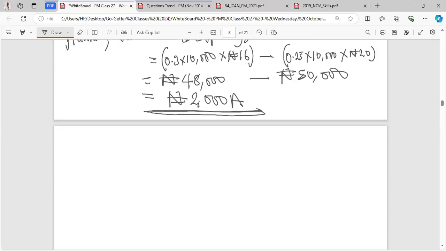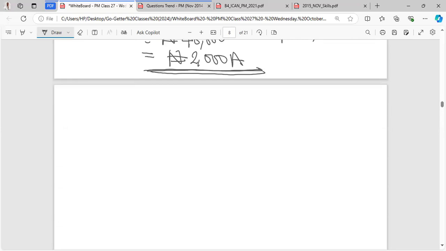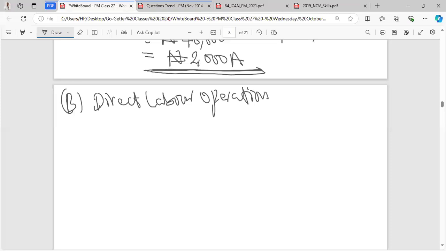Now let's go to operational variance. So we come here, D, direct labor operational variances. Okay, so we'll start with the basic formula.